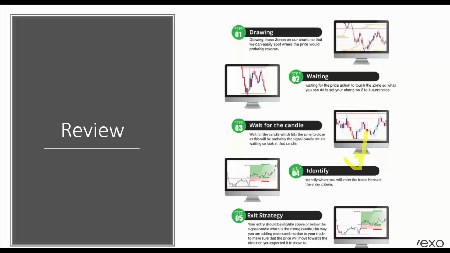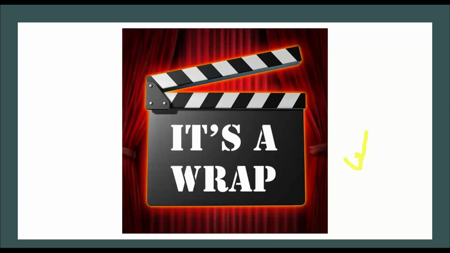We want to wait till price touches the above or the below level. And we'll wait for the candle which hits that zone to close, and it will probably signal the candle we are waiting for, so that we look at that candle. We identify where to enter the trade, and then we should identify where to exit the trade, and then calculate our risk-reward ratio and determine if we can afford to make that trade. And then if we do, we jump into action.